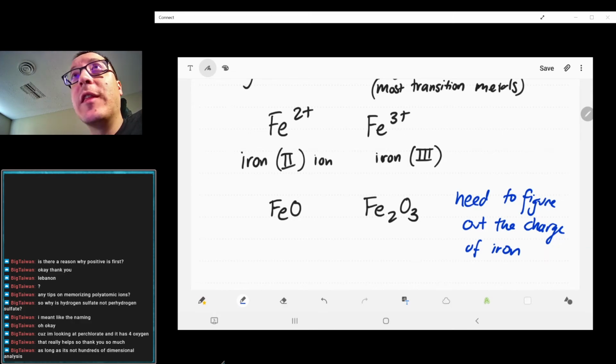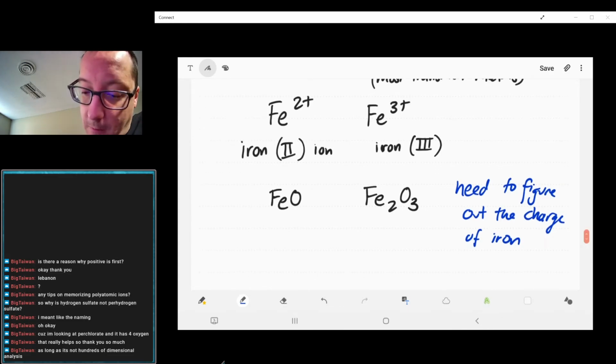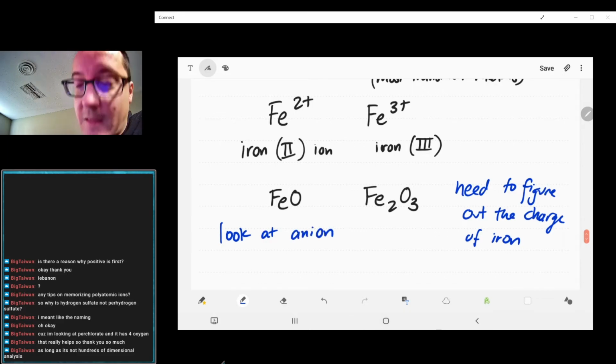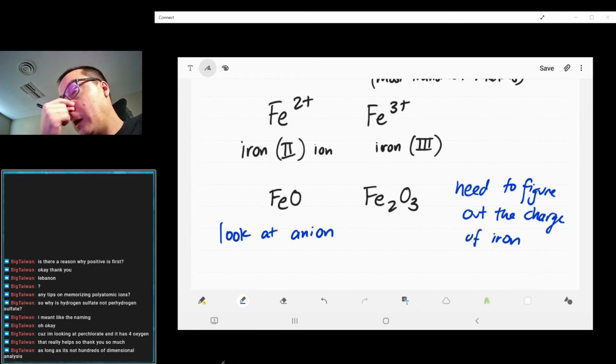And how we do that is we look at the anion. The anion is going to have a fixed charge. So oxygen is 2 minus. That's not going to change. And so by looking at that, we can figure out what the charge is going to be of the iron.